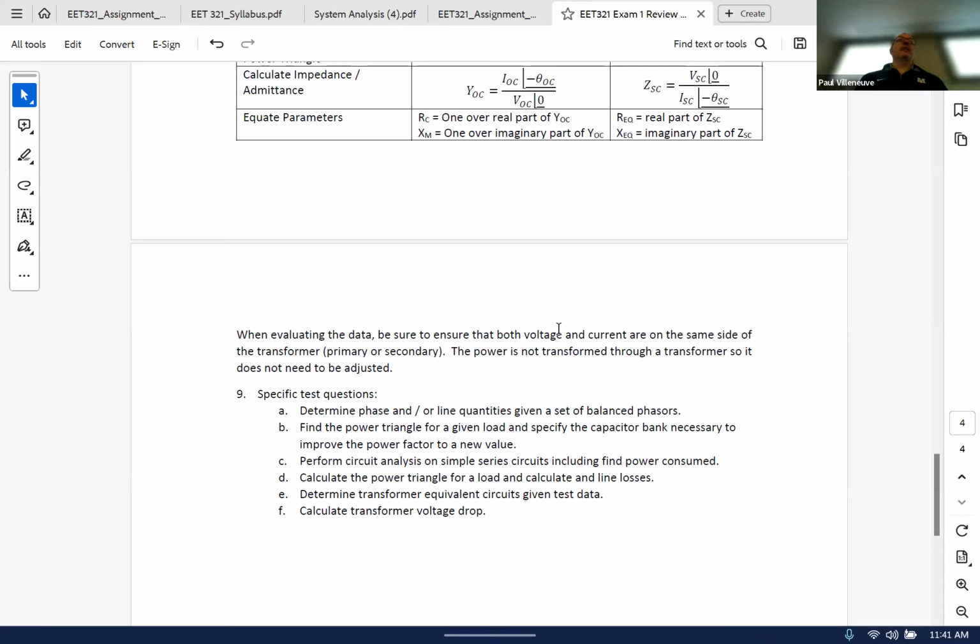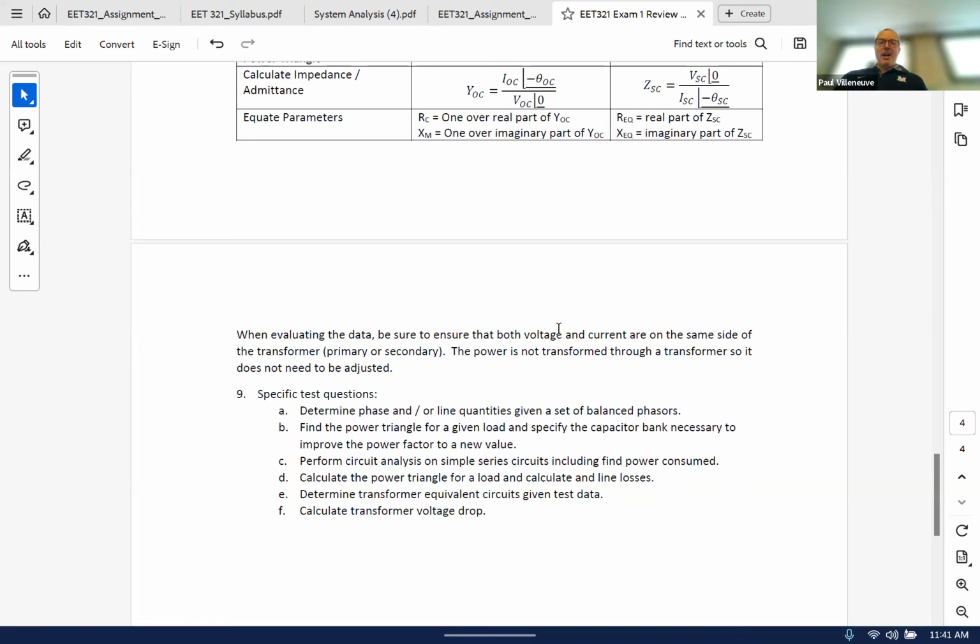And this is an AC circuit analysis class, so don't try to do Laplace or anything with differential equations. We're forgetting about that in this class. We're trying to make it easier. I'm not saying you'd be wrong to do that, but if I went back to you and said, okay, what's the real and reactive power if you did your differential equation, good luck finding the answer, right? So let's do things the way we would do them in utility.